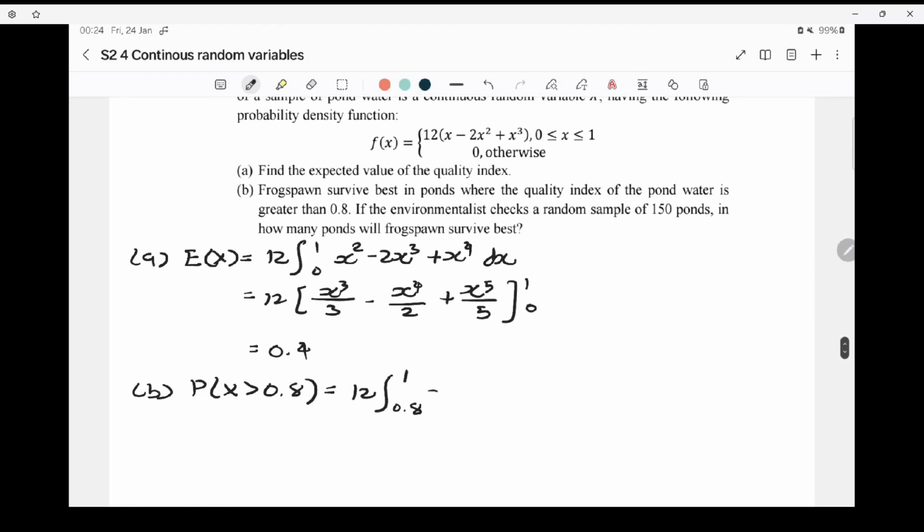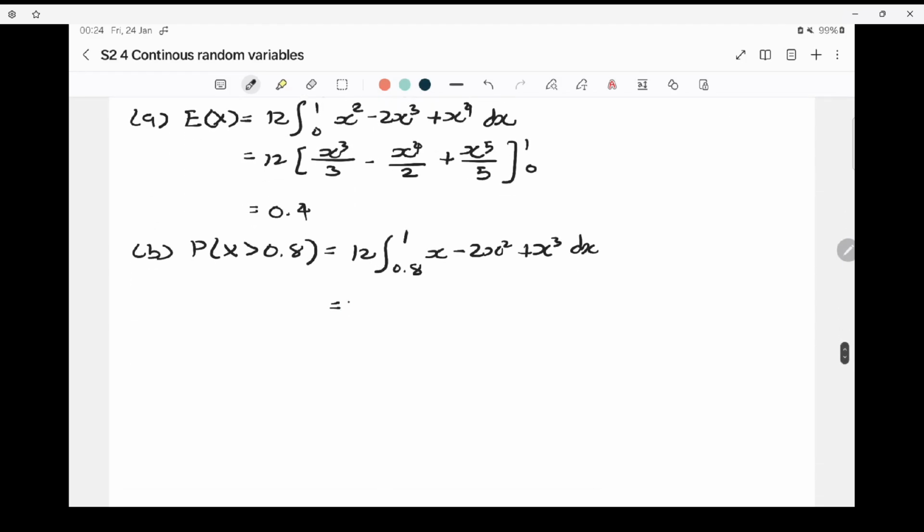So this will be x minus 2x squared plus x cubed dx. This will be x squared over 2 minus 2x cubed over 3 plus x to the power 4 over 4. Then you substitute the values inside.